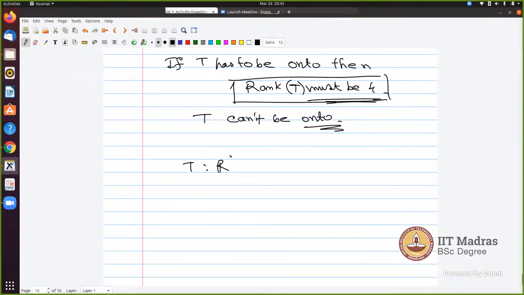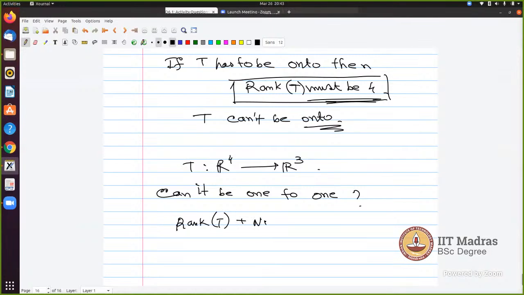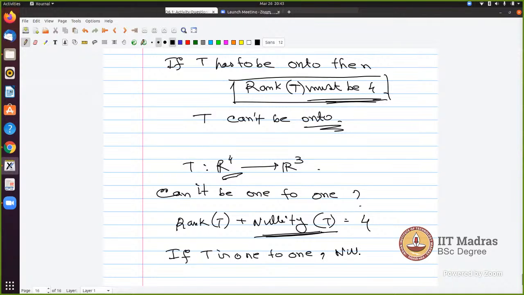If we change R4 to R3, can it be 1 to 1? Cannot. Why? Because the domain dimension is bigger than the codomain. Again, we will take rank plus nullity of T is 4. Now the dimension of the domain is 4, right? Now if T is 1 to 1, then nullity is 0.